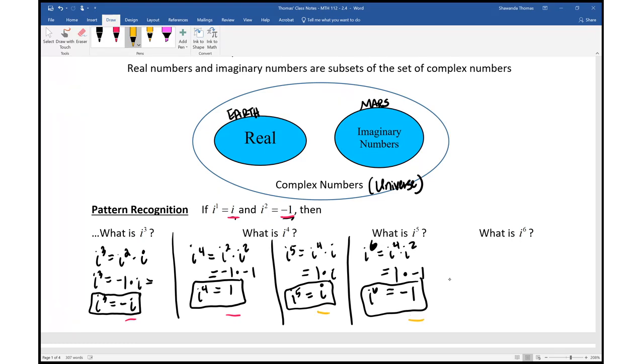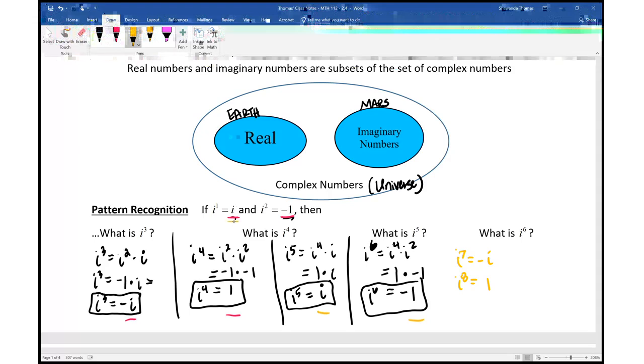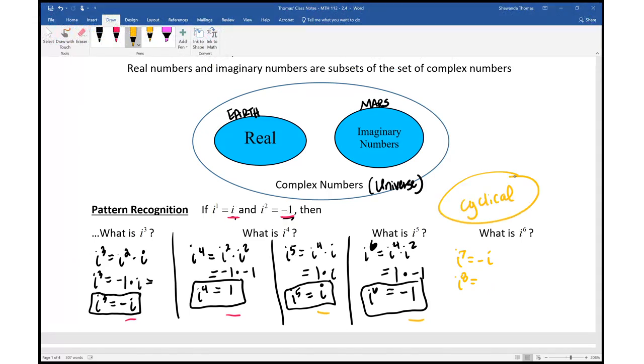Guess what i to the seventh is going to be? It's going to be negative i. Guess what i to the eighth is going to be? It's going to be 1. So it's repeating itself every fourth one. You see that? It's repeating itself. So it's cyclical. This is cyclical behavior in the imaginary number system.